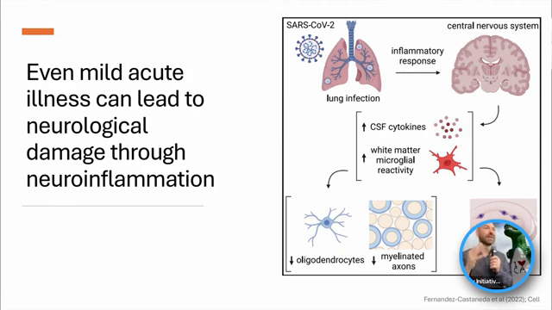What we want to be doing is, even if you're believing CDC messaging that a SARS-CoV-2 infection is no different from the flu, you're still not getting the flu 6 times a year. The flu is a 1-time-a-year thing if you're unlucky.